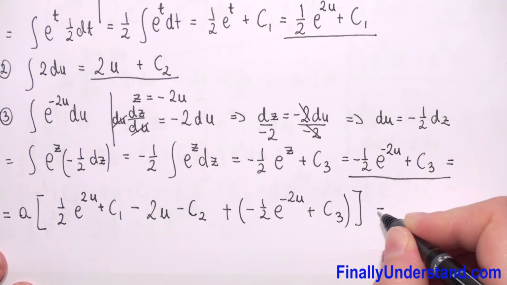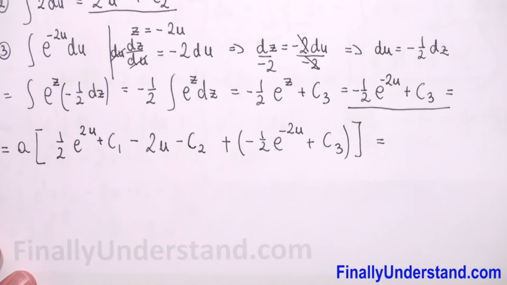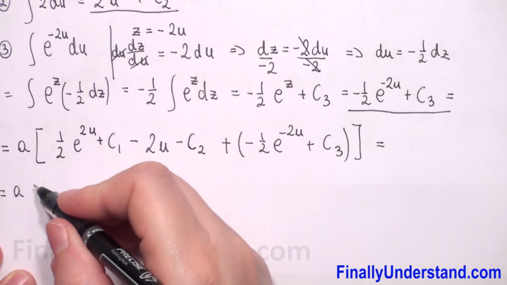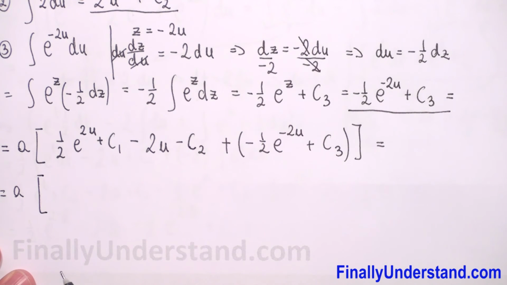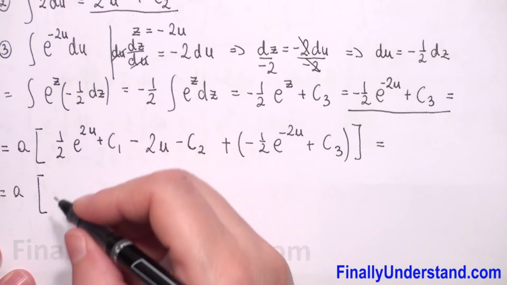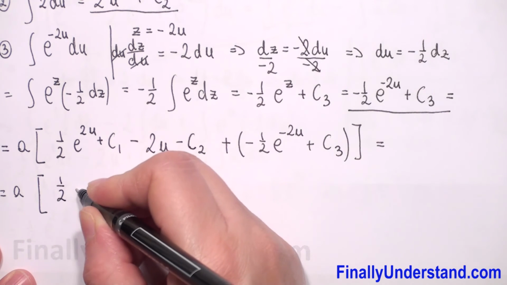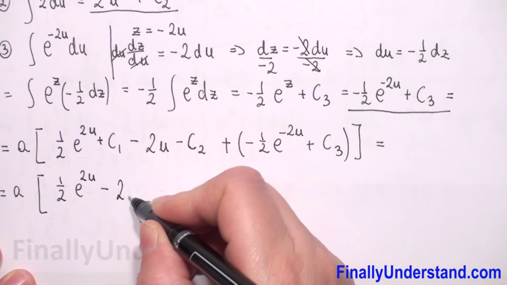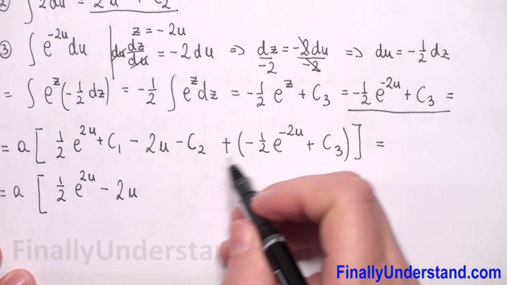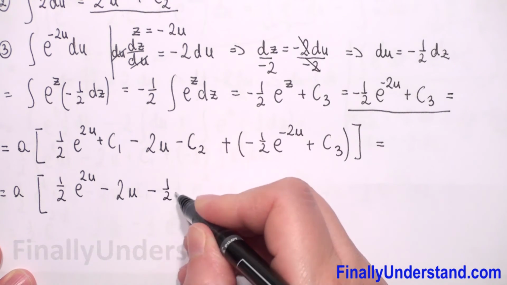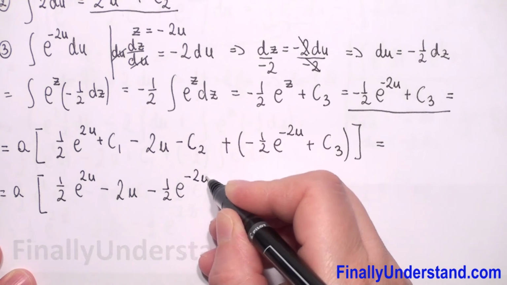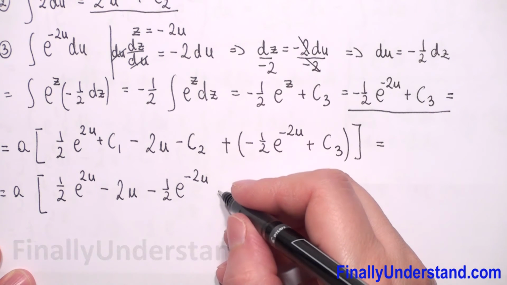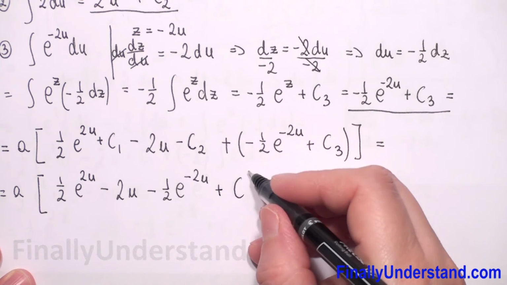Close the brackets. So this is equal to, first we have to copy a, and in brackets first I will put the expression with u. So it will be 1/2 e to the power 2u minus 2u. Positive and negative give us negative 1/2 e to the power negative 2u. And we have constants c1, c2, c3, so we can combine them together and it will be constant c.